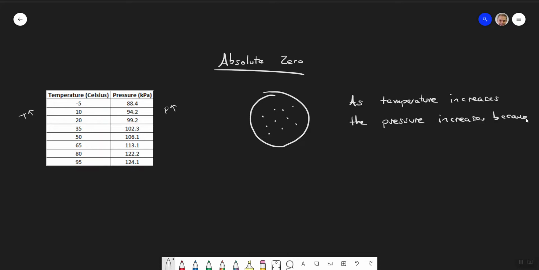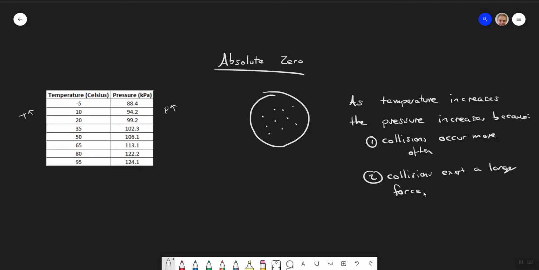Because the first thing is collisions occur more often, and the second is that collisions exert a larger force.